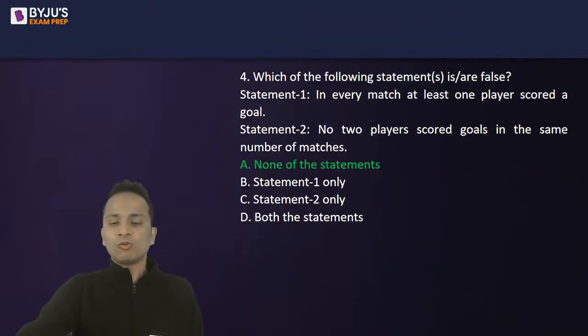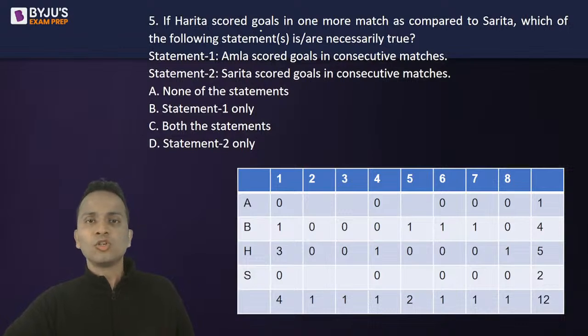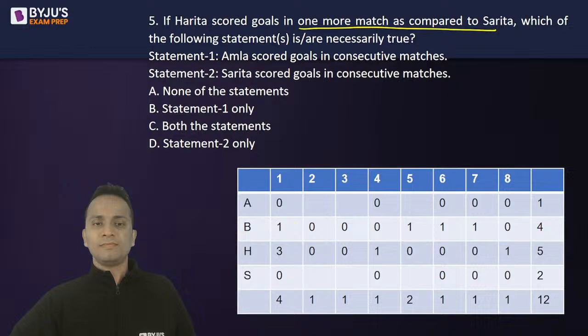Okay, so that was question number 4. Last question, question number 5. If Harita scored goals in one more match as compared to Sarita. So Harita has scored in 3 matches. They are saying that Sarita will score in 2 matches.